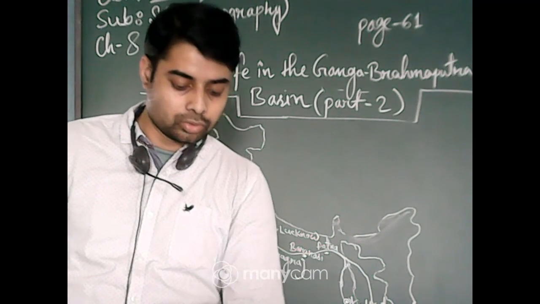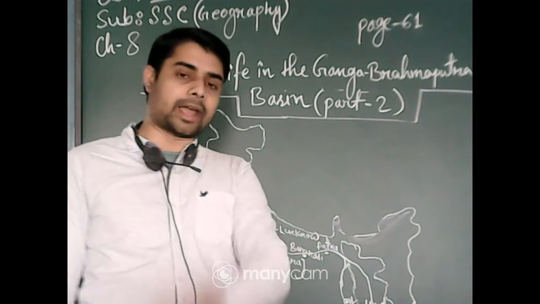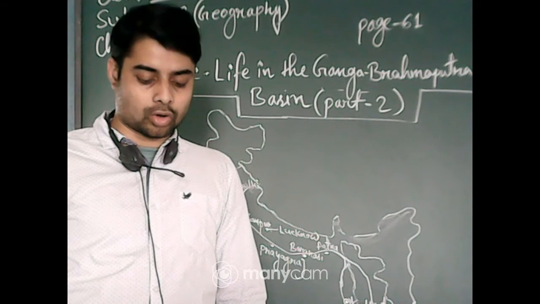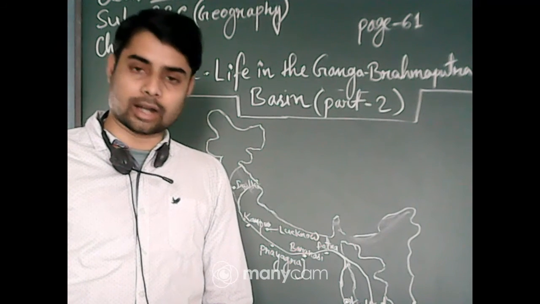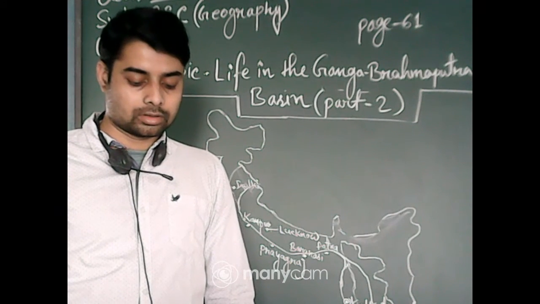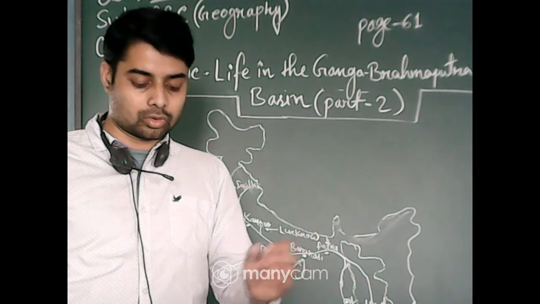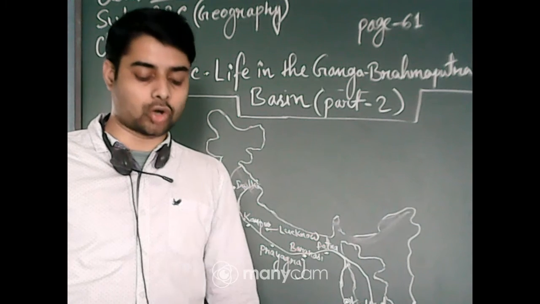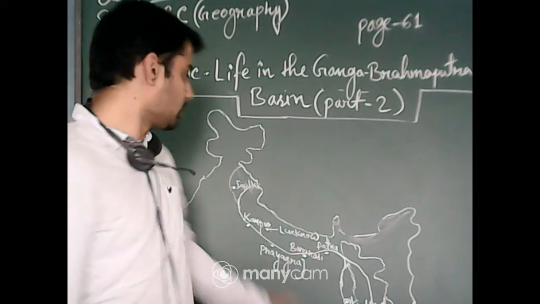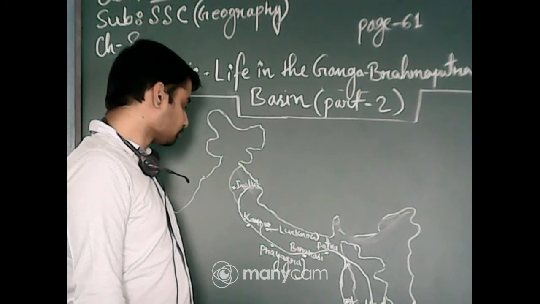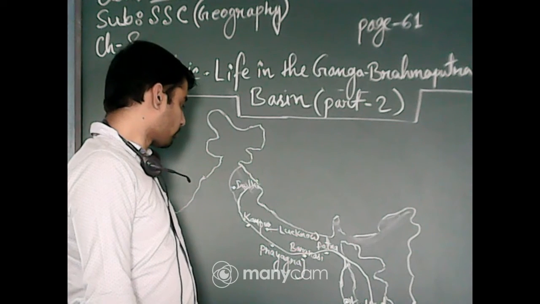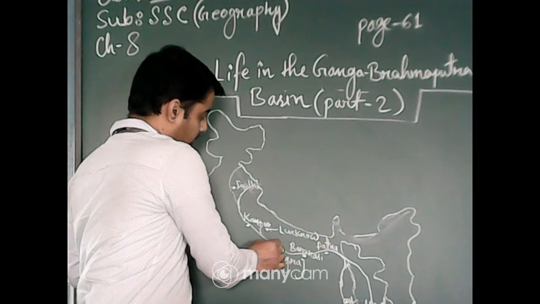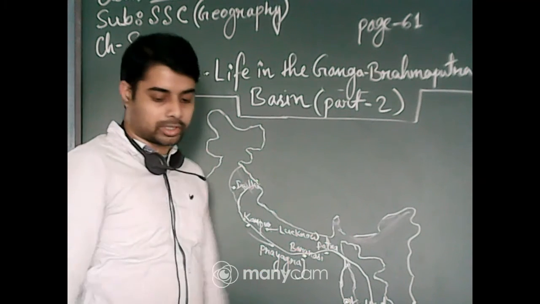Tourism is another important activity in the Ganga Brahmaputra Basin. The Taj Mahal on the bank of river Yamuna in Agra. Allahabad is another city, situated at the confluence of the rivers Ganga and Yamuna, another famous tourist place.